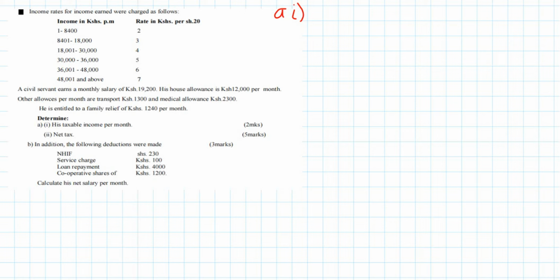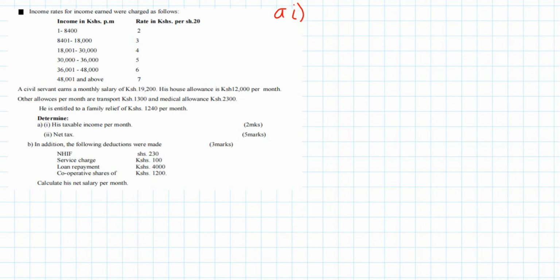So on to our seventh question, now on income tax. We are told that income tax rates for income earned were charged as follows. So there in the table we have a column for the income in Kenyan shillings per month and the rate in shillings per 20 shillings.